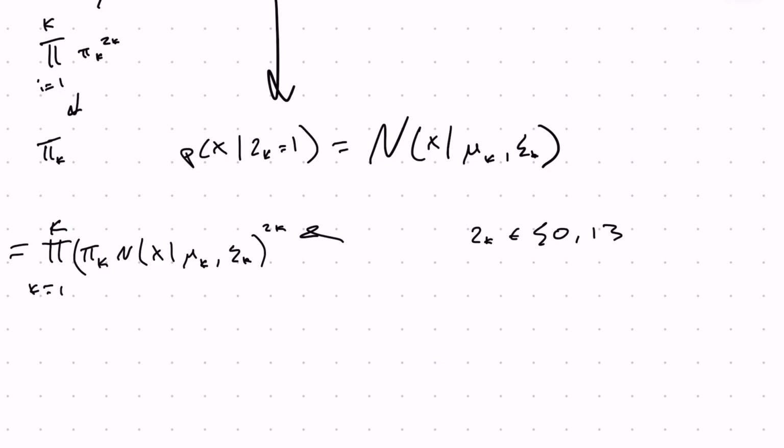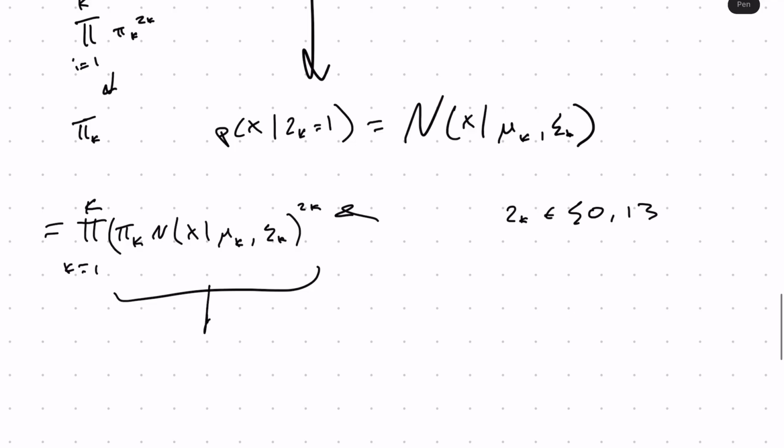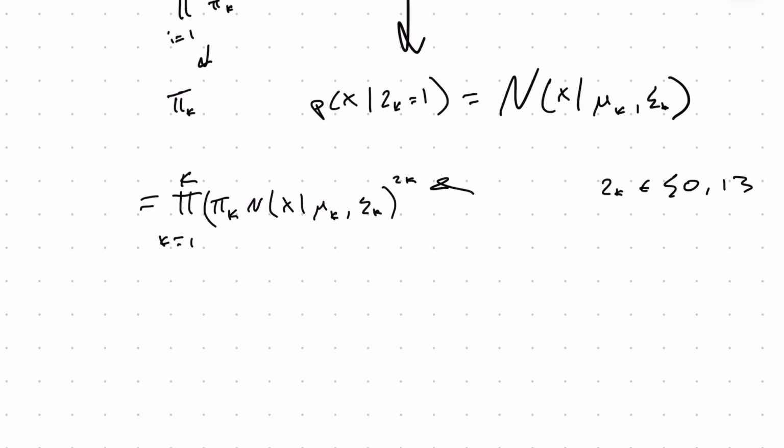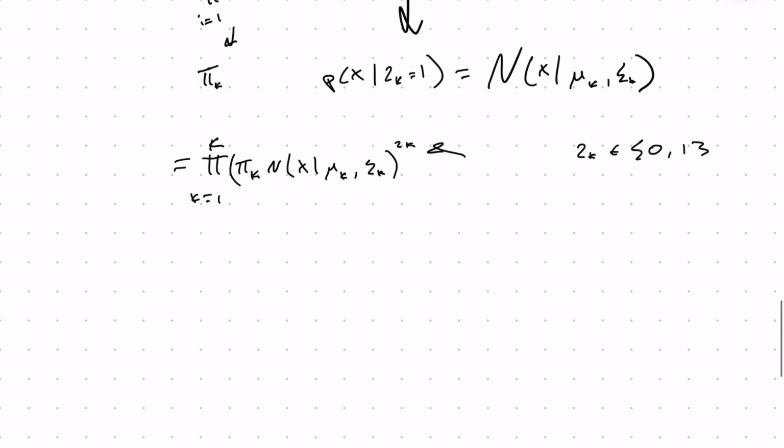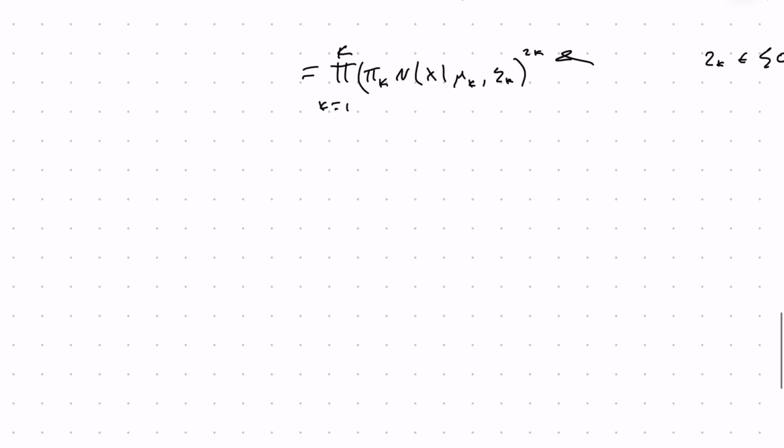So this means that this whole expression is either this exactly or it's 1. So this is only true when zk equals 1 and not for the other k. Okay, so that's the joint distribution.